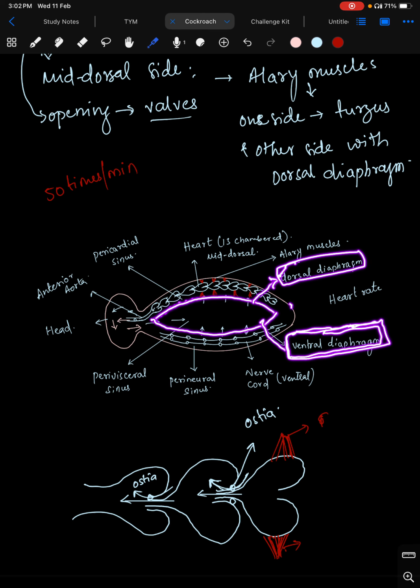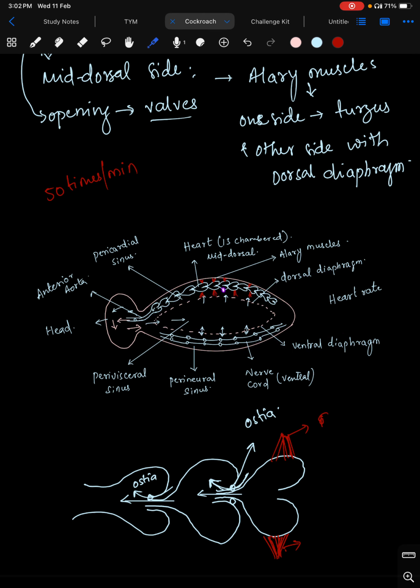So now you can see this whole hemocoel is divided into three different cavities or open spaces. These spaces are known as the sinus. Here the dorsal diaphragm is there, here the ventral. So the body or hemocoel of the cockroach is divided into three cavities.